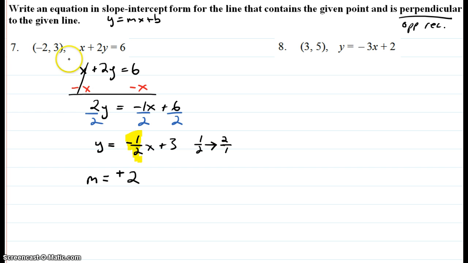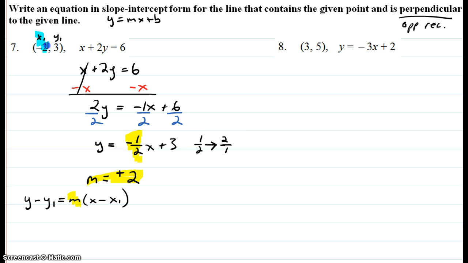So now we're going to go back to this point, and we're going to plug all this into our point-slope formula. y minus y1 equals m times x minus x1. So the m is going to be 2. And then the point, this is x1, y1.